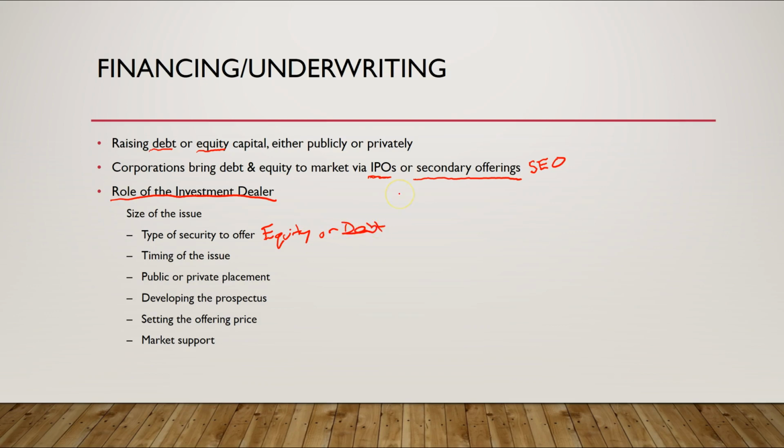And from previous slides, there's a variety of different equity types that we could potentially offer, lots of different types of debt we could offer, and different maturity ranges, etc. So it is of utmost importance to decipher which one of these two sides the firm should use to raise this capital. And the other one here is the size of the issue.